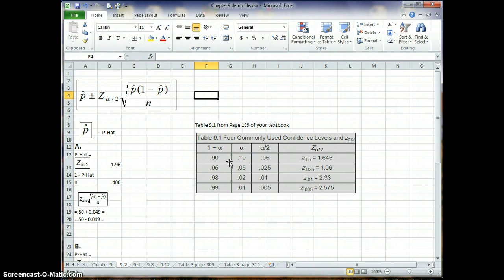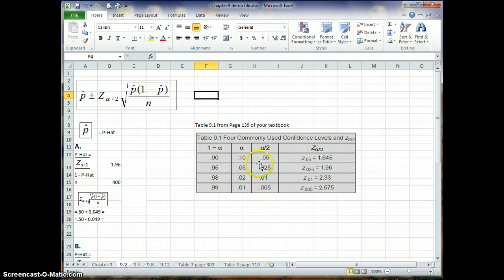And as you can see here, the 1 minus the alpha is considered the confidence level. So in this case, it was asking for 95% confidence. So that's right there. So the alpha is 0.05.